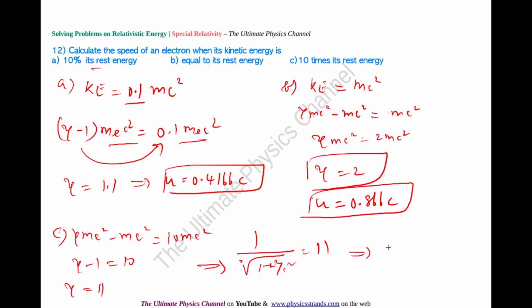Therefore, my u, which is the speed, is 0.9959c. You can verify these values in this case. Right. So that completes some of the problems that we wanted to do on the topic of relativistic energy. Thanks for watching.